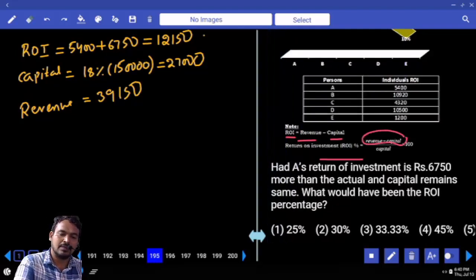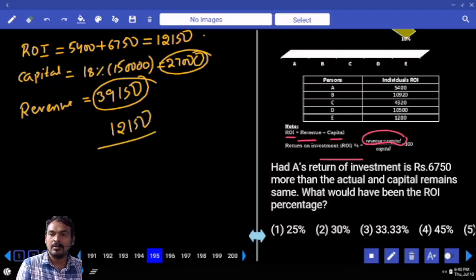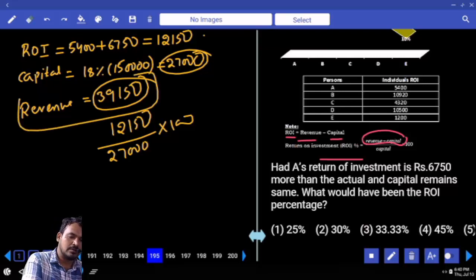39,150. ROI percentage is equal to revenue minus capital. Do we get the same or different? 39,150 and 27,000, what is the difference? 12,150. That is calculated on capital. What is the capital value? 27,000 multiplied by 100. Without writing this one also we can get the answer.